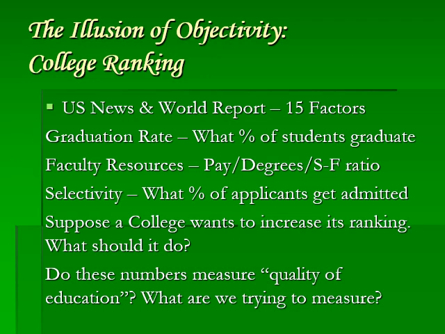What percentage of students graduate? The more the better. Faculty resources: how much the faculty get paid, what degrees they have, how many they have, and what's the student faculty ratio. These are the things that go into one number which measures faculty resources. And then there is selectivity. What is the percentage of applicants who get admitted? The more selective the college is, the higher its rank.